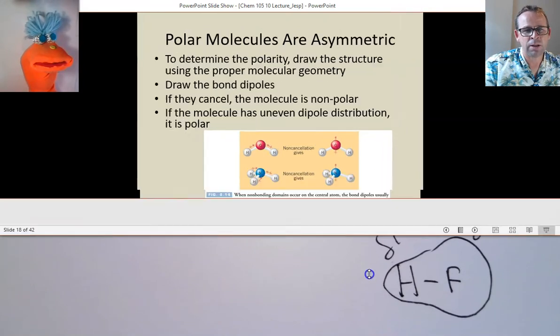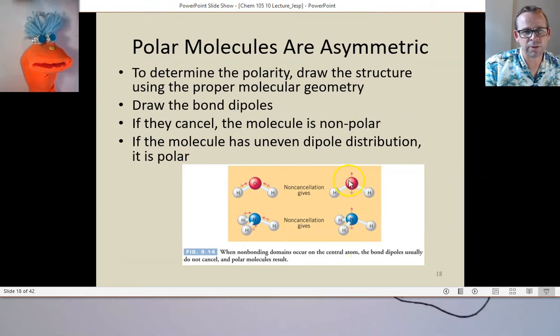If in a compound you have these kinds of polar bonds, so for example, water has two hydrogens bonding with this oxygen, each of them is a polar bond. And so your electron density is coming up towards this oxygen.